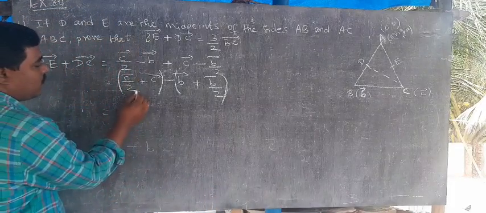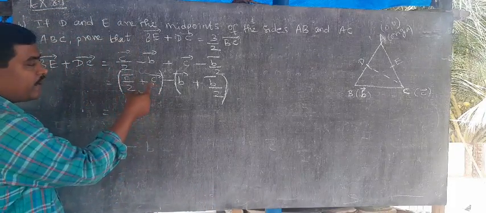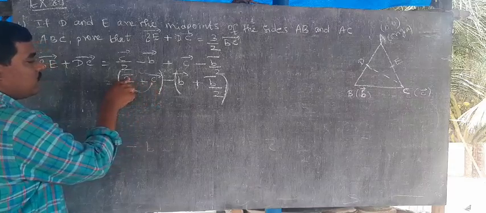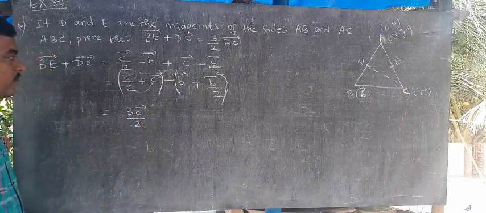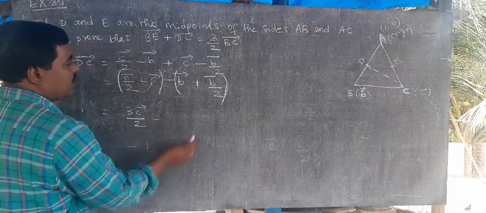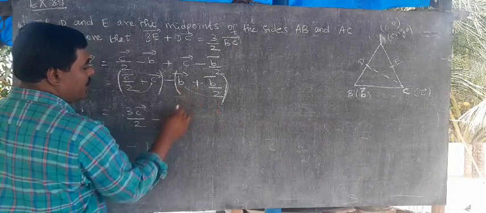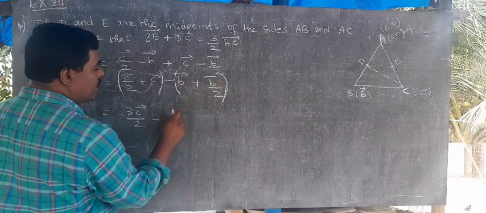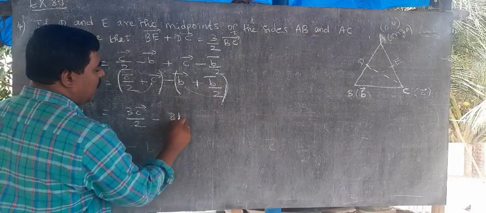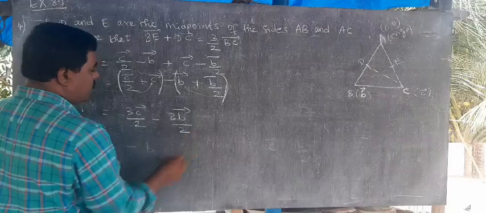Listen. 2 into C vector, 2C vector, 2 plus 1, 3 C vector by 2, minus 2 into B vector, 2B vector plus B vector, 3B vector by 2.